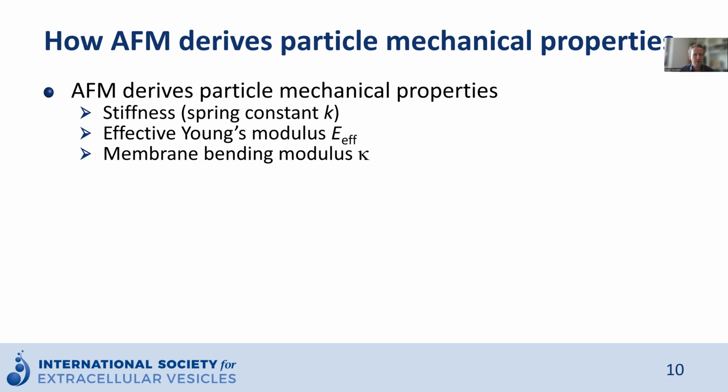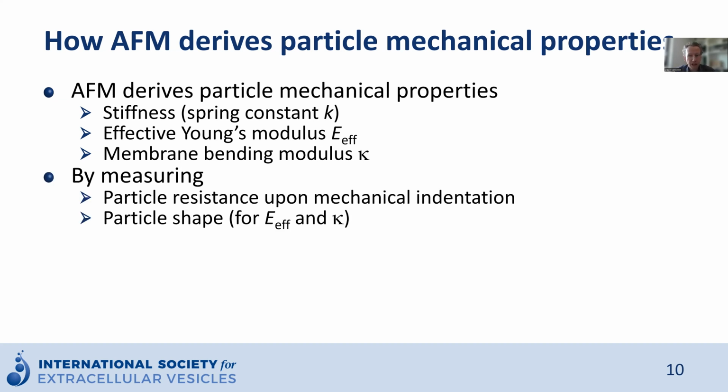The simplest and most familiar mechanical property that I will discuss is just simply the stiffness, which is similar to a spring constant. But AFM can also be used to derive specific elastic moduli, such as the Young's modulus or membrane bending modulus, which we will discuss in the next few slides.